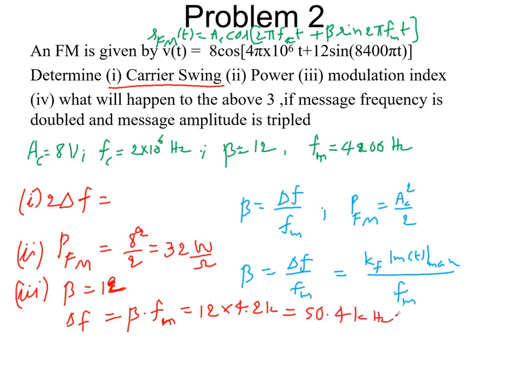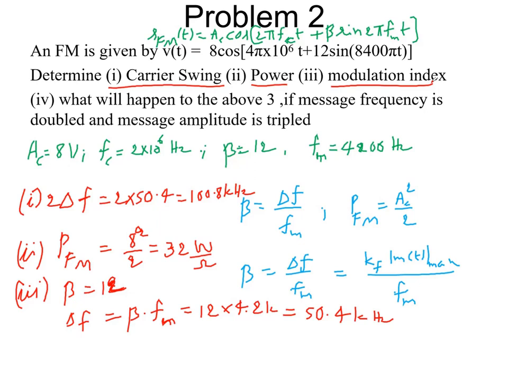That is your del f. Then 2 del f is 2 times 50.4, which is 100.8 kilohertz. Power is done, modulation index is done.